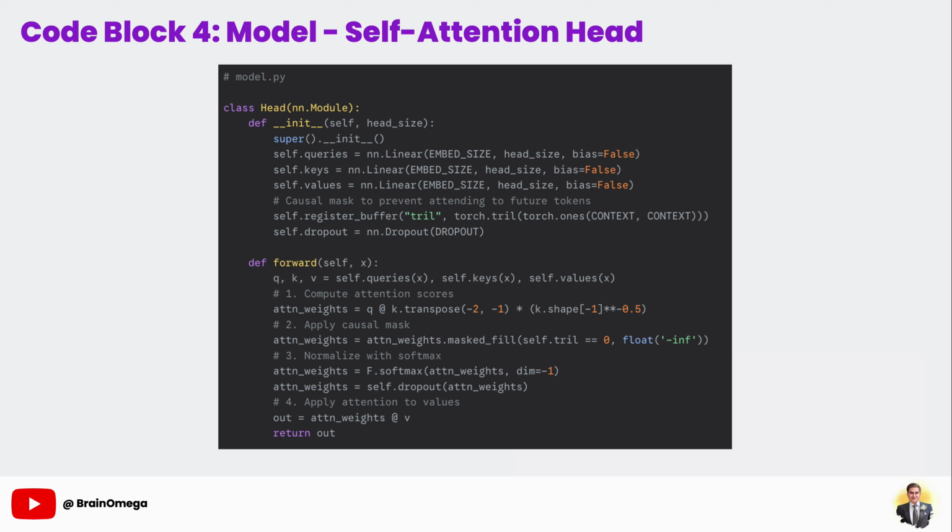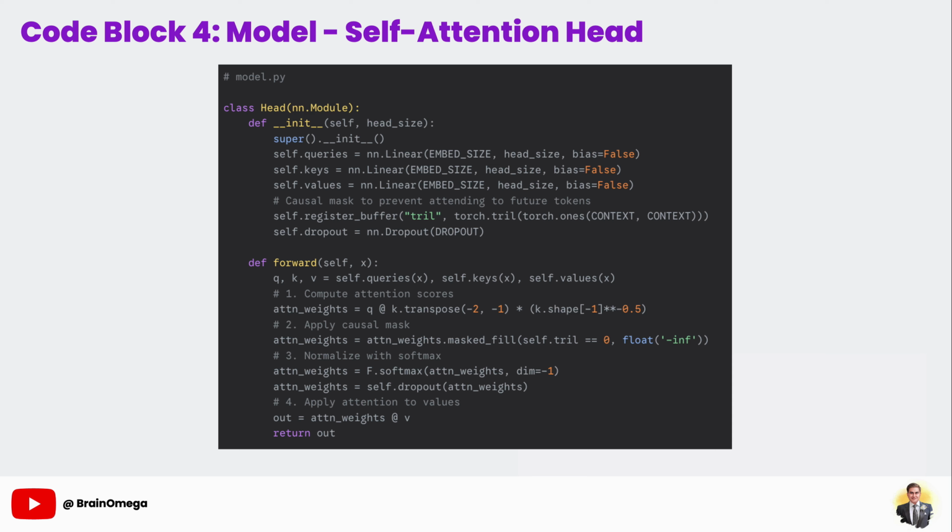The query is like the token asking, "I'm a verb. Who around here is a noun that I might be related to?" The key is like every other token holding up a sign saying, "I'm a noun" or "I'm an adjective." The value is the actual meaningful content that each token holds.